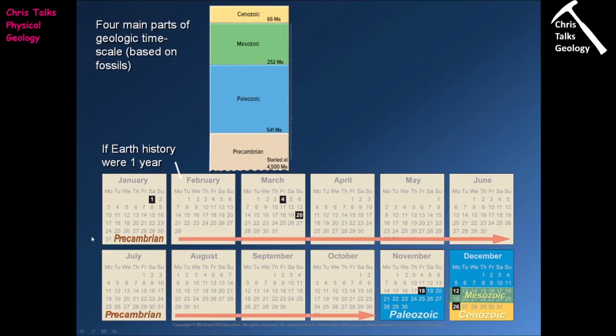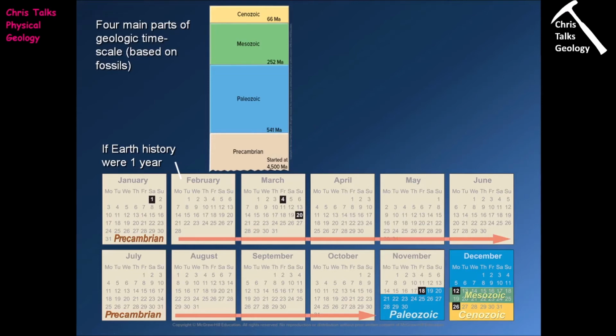So what we've done here is we've actually put the geologic timescale over a calendar, essentially. We have January 1st here, going all the way through to December 31st here. And so what we're doing is we're splitting the year up based on the geologic timescale. The Precambrian accounts for approximately 88% of the geologic timescale. So if you're thinking of that over a year, between January the 1st and November the 17th would be part of the Precambrian.